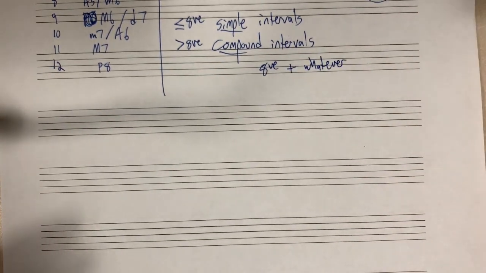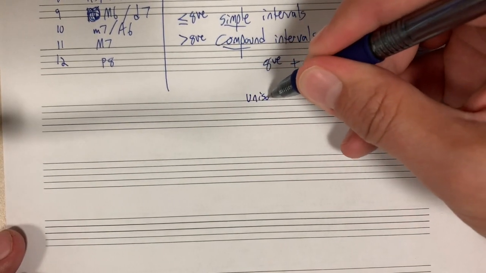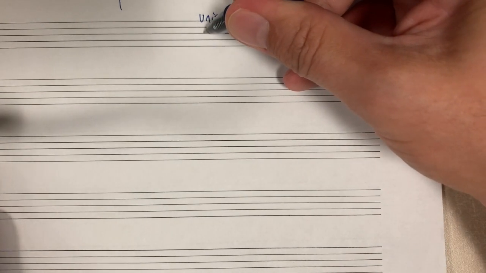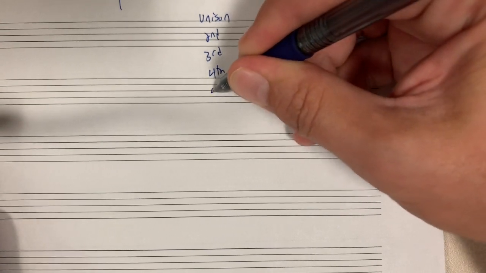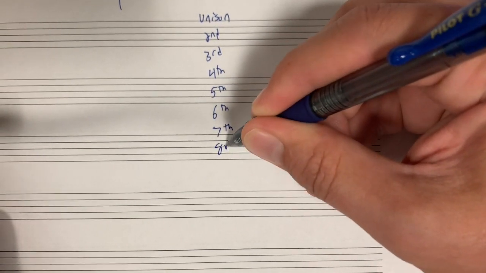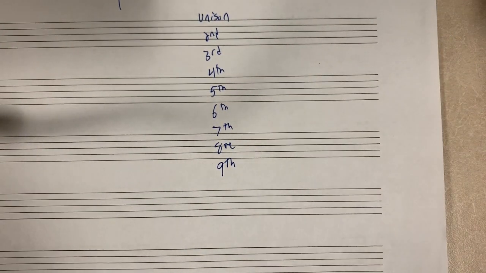Most compound intervals can have more than one name, but we don't use them all. Like we said, we call a unison a unison. It's weird, right? We have our second. We have our third. These are all intervals and sizes of intervals, and they can be major or minor or whatever. And we get to an octave, and say we go once more. You might think it's called a ninth, and you're not wrong.